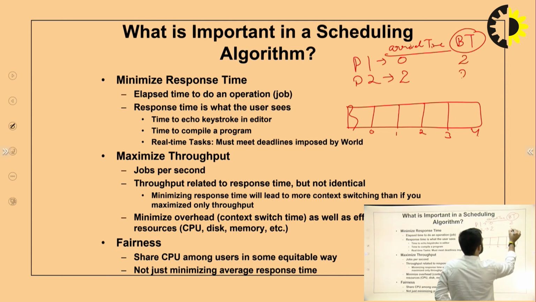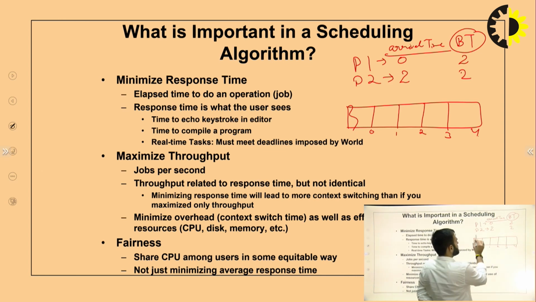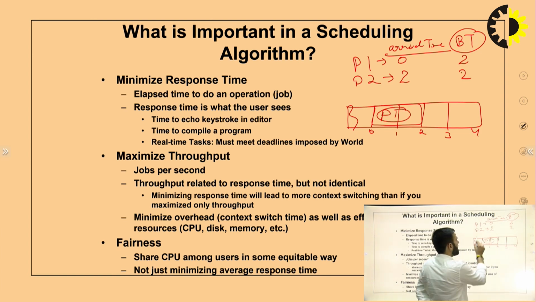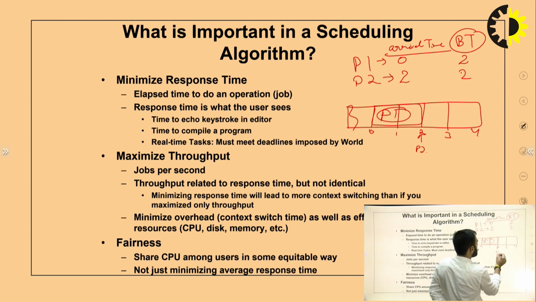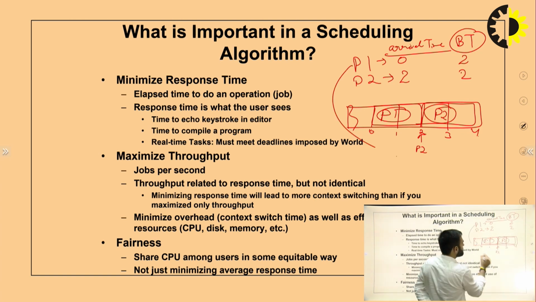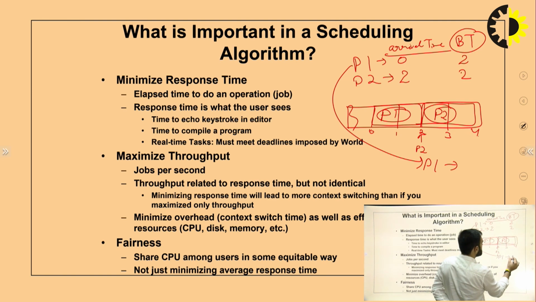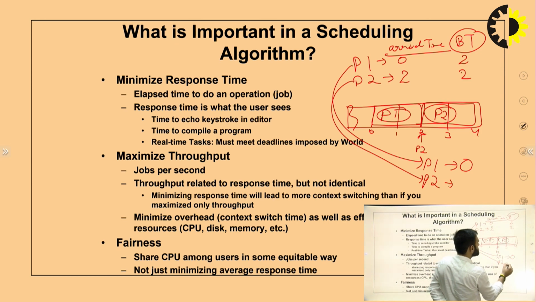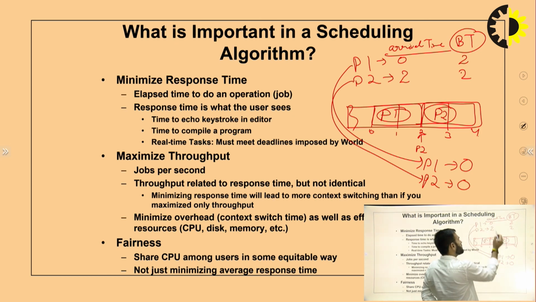So process P1 arrives at 0 and gets the CPU for the next 2 burst time. Now P2 arrives at 2 only and gets the CPU. So if we see their response times, for P1 the response time is 0 only, and for P2 the response time is 0 because it arrives at 2 only and gets the CPU.